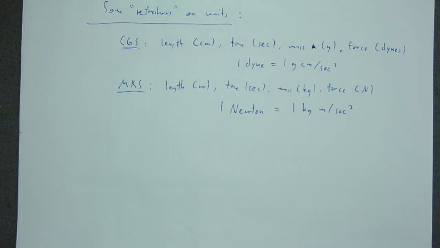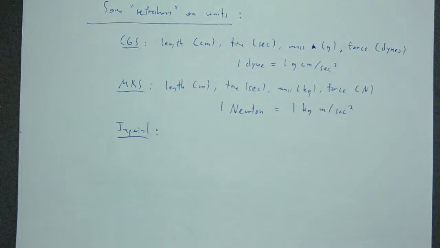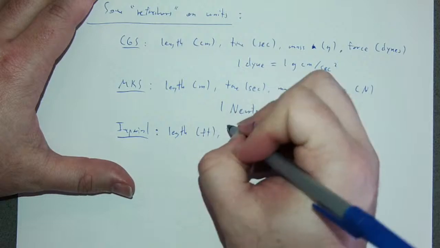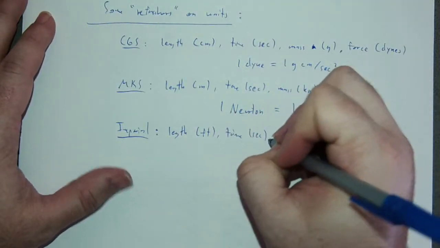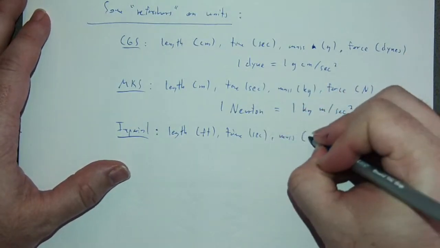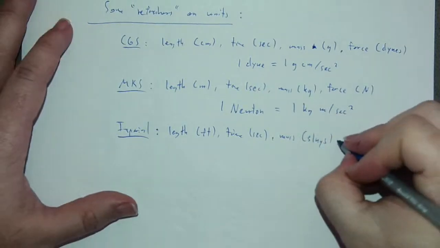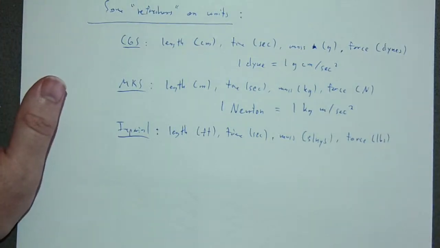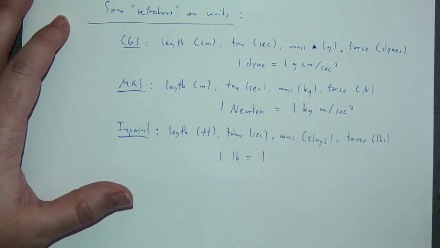And then lastly, in imperial, length is in feet. Time is in seconds. Mass is in slugs, which is abbreviated SL. And force is in pounds, where 1 pound is equal to 1 slug foot per second squared.